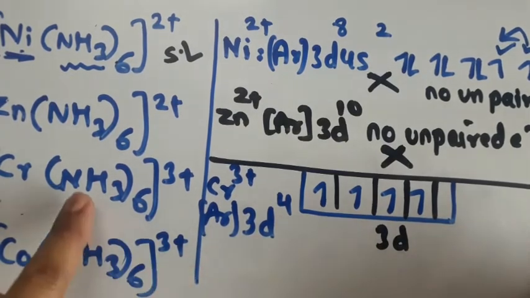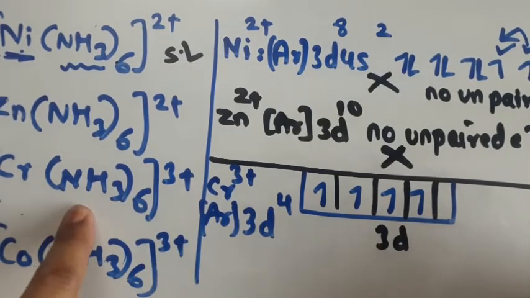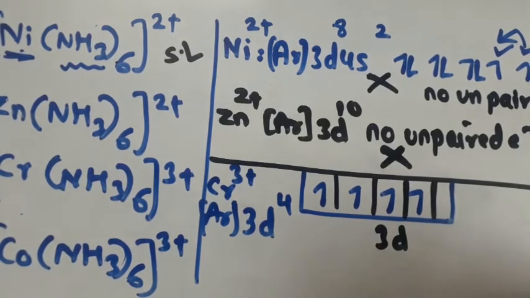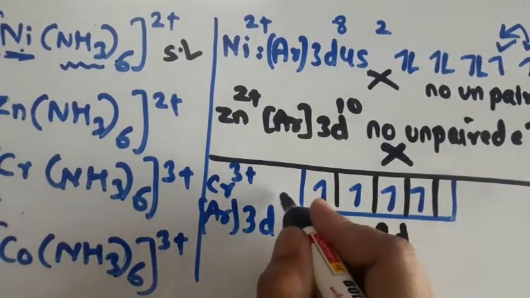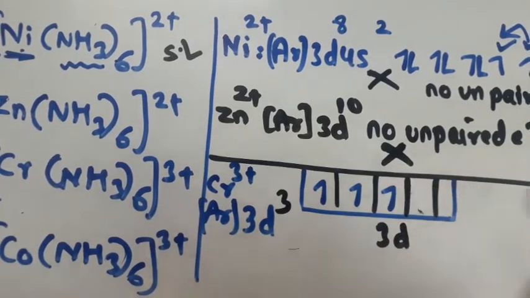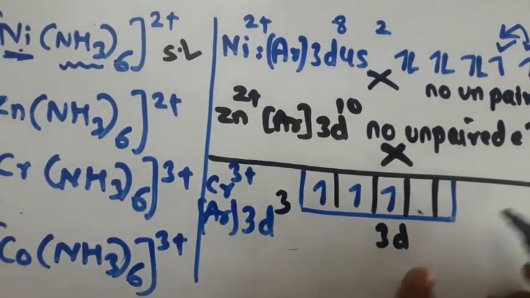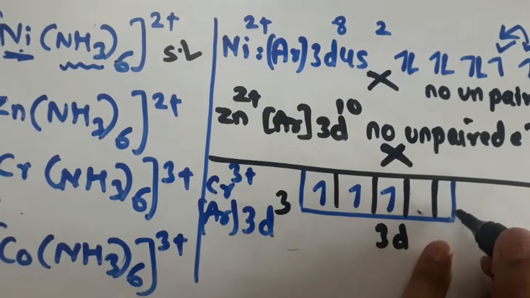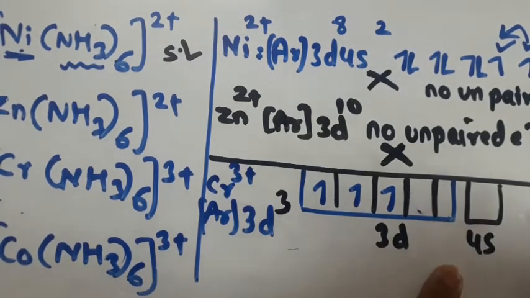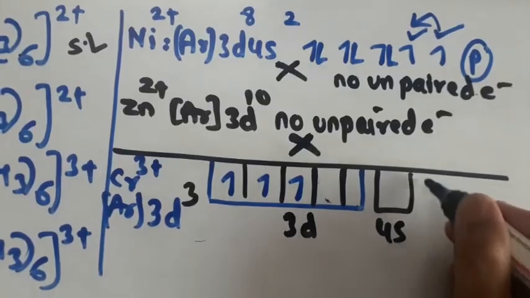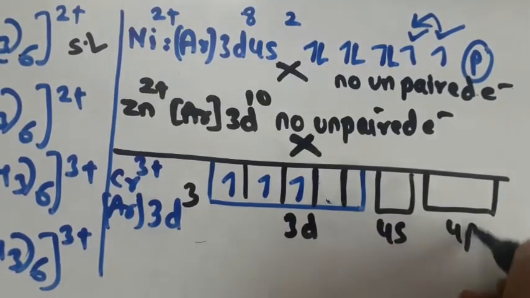Now ammonia is a strong ligand. But it is +3 over here, so it would come 3d3. So I write here 3d3. So 2 boxes are empty. Now we are having next as 4s, and the next orbital is going to be 4p.